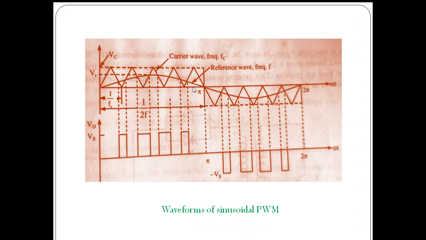If we observe, during every half cycle we are generating more pulses. The sinusoidal waveform is compared with the carrier triangular wave, and at the intersection points of the sinusoidal waveform and the triangular wave, we are generating the pulses.